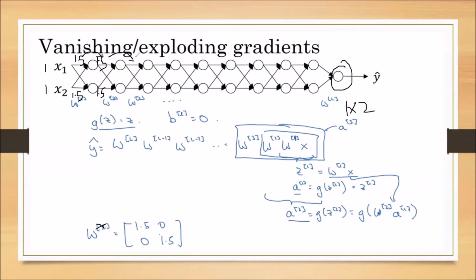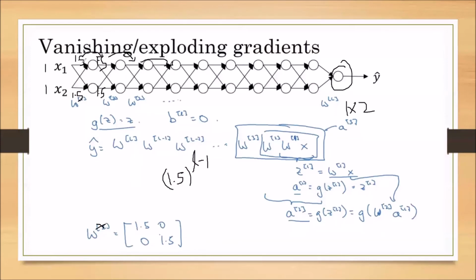Similarly, we keep multiplying 1.5. How many times are we multiplying? We are multiplying 1.5 to the power of L minus 1 times, because in the last layer we are not using the same parameter matrix. So if we are using 100 layers, then we get 1.5 to the power 100, which is 3 to the power 100 by 2 to the power 100.